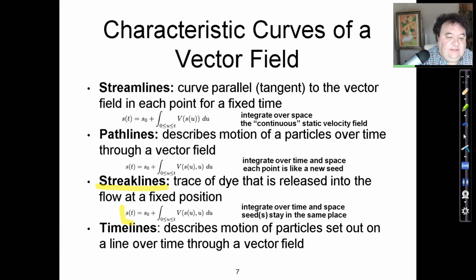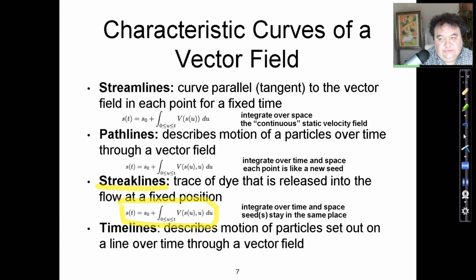So the integral now looks very similar to the case of path lines, but the difference is that instead of just following a particular particle, there is a new seed created at the original location.